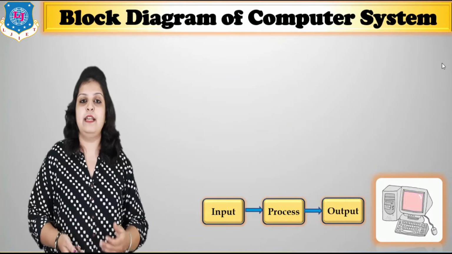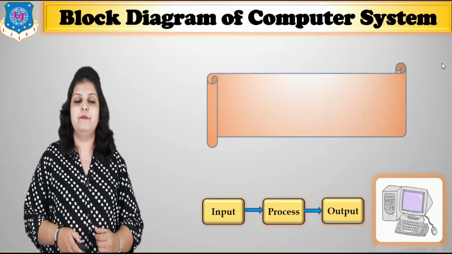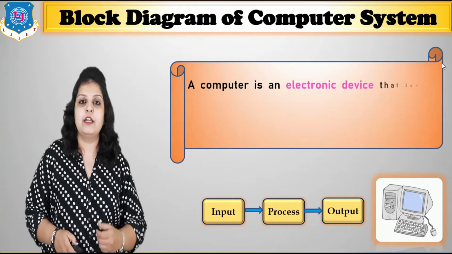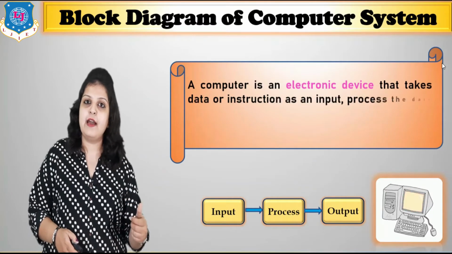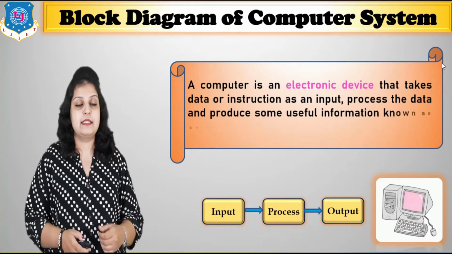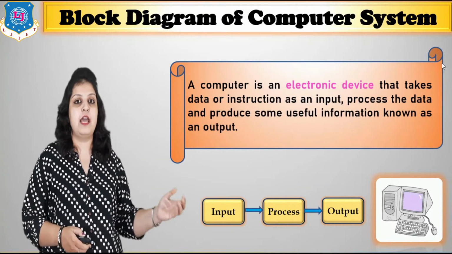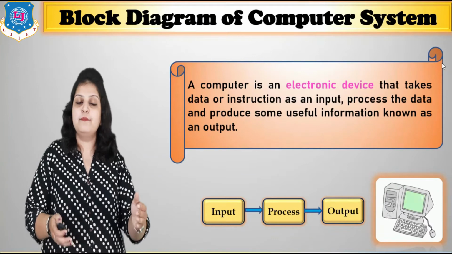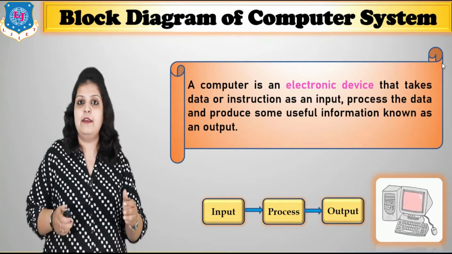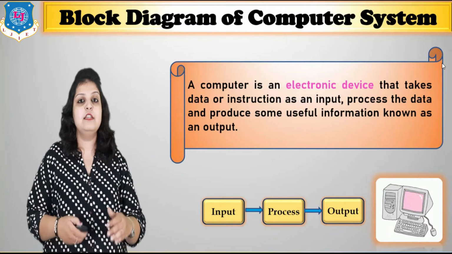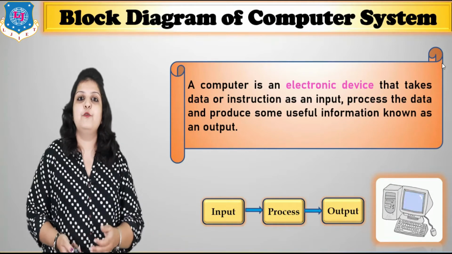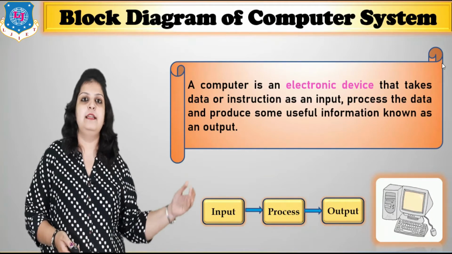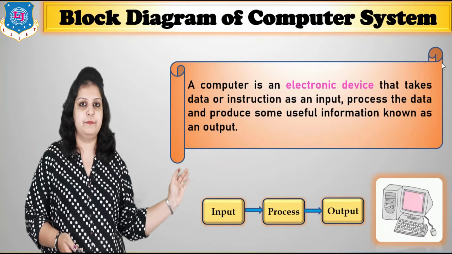So how we can write the definition of computer? A computer is an electronic device that takes data and instruction as an input, then process the data, and finally produce the useful information known as output. It is the definition of computer.